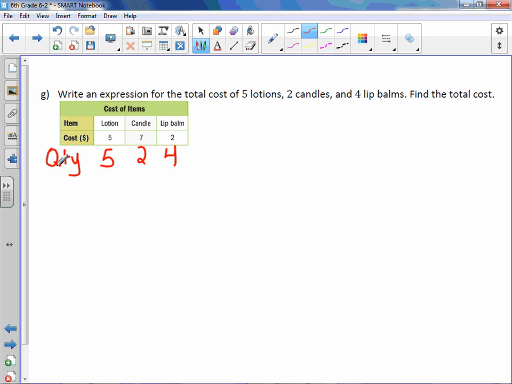Well, if I'm buying 5 lotions, it would be 5 lotions times $5. And 2 candles would be 2 candles times $7. And lip balms, I have 4 lip balms times $2. To find a total price, I add up those 3 amounts.